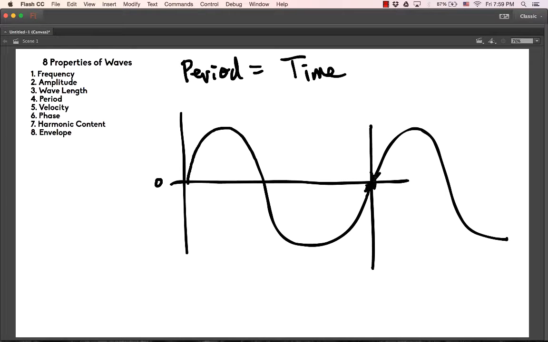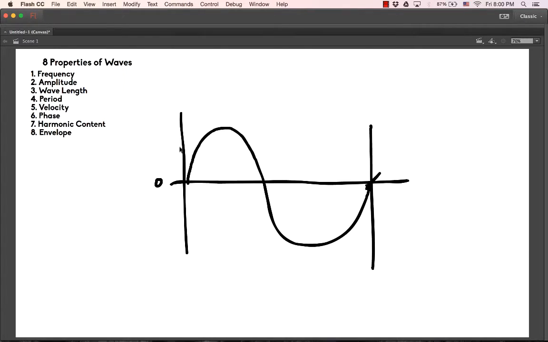So if this is our point of measurement, how long will it take for this whole wave to go through one complete wave? Different from frequency, right? Frequency is how many times it goes through in 1 second. Time is how long it takes for one wave to go. So they are related. They're basically kind of opposites of each other. We'll get into the equation for that later, but they are related.